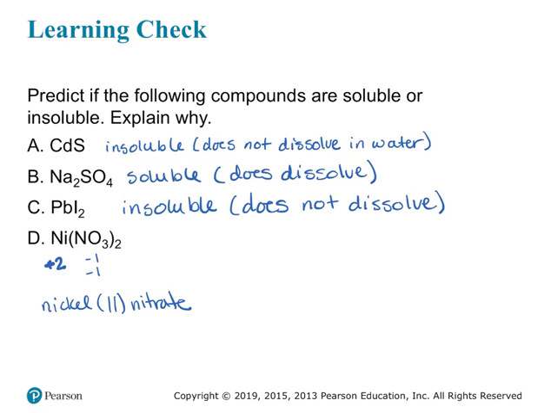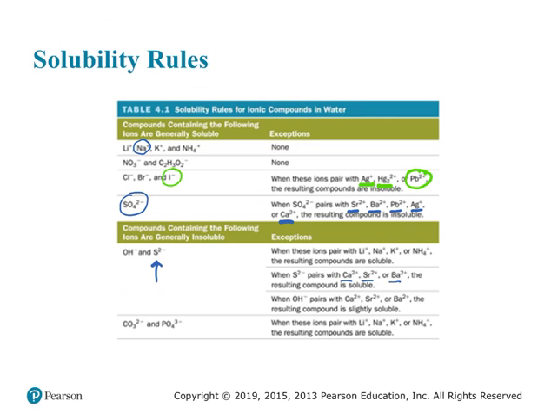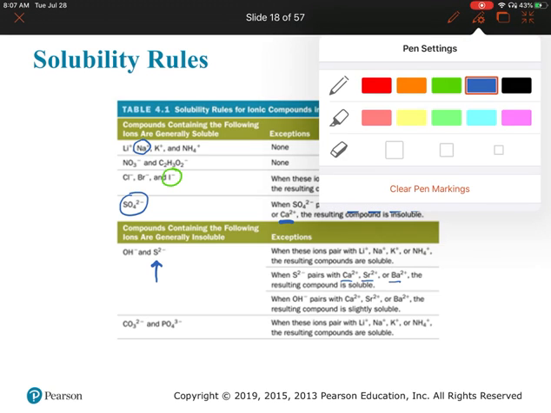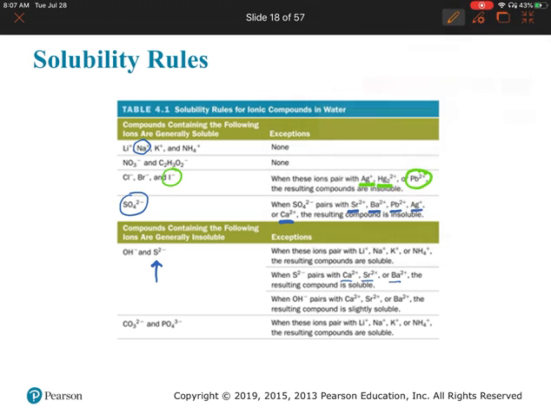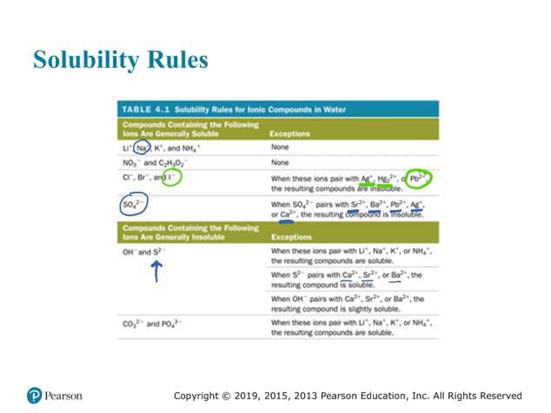All right, so let's look at our solubility chart. Okay, and I'll grab a different color here. Let's choose orange. I do see nitrate, but I don't see nickel anywhere. However, nitrate is always soluble.